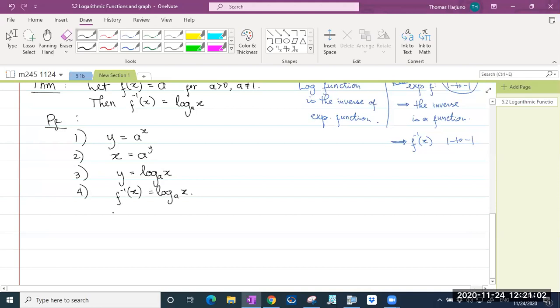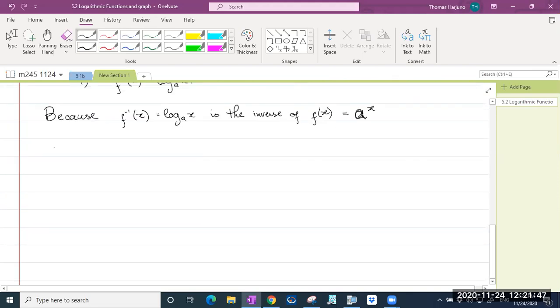Okay, now because f inverse of x, which is log base a of x, is the inverse of the exponential function, then the big consequence, very big consequence, we have this phenomenon.